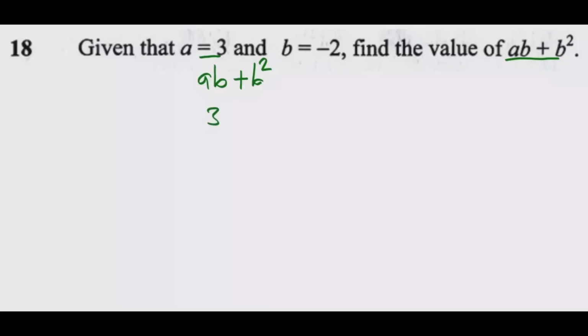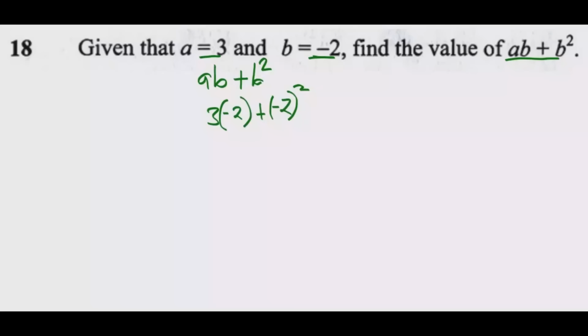What is B? B is -2, so I'm going to write -2. So 3 multiplied by -2 plus, open bracket, -2 squared.